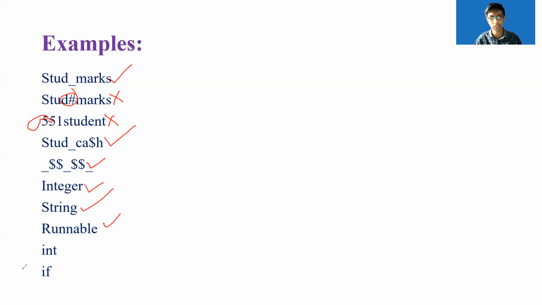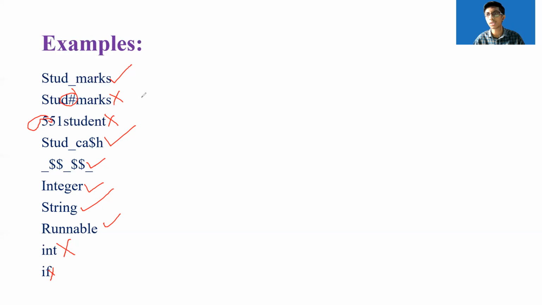See the next things. int is a keyword, so you should not take it as an identifier name. if is also a keyword, so you should not take it as an identifier name. While taking an identifier, please keep all the rules in your mind, so that you won't get any error while taking variable names, class names or method names.